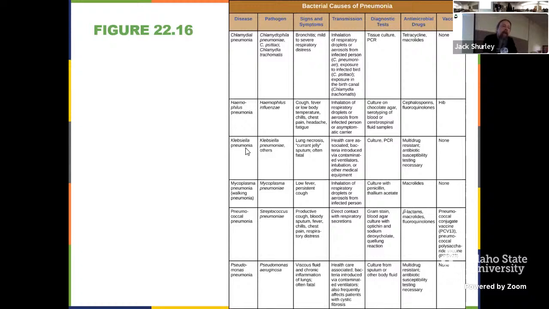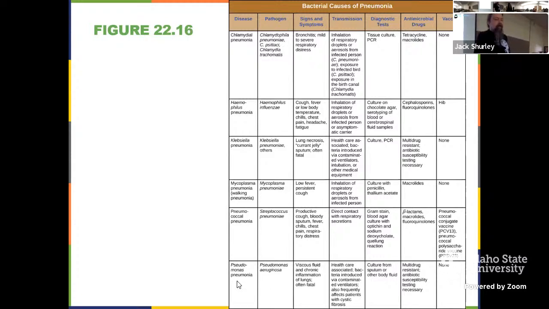Klebsiella pneumoniae is something that is normally pretty resistant to antimicrobial agents, so it's hard to combat in the first place. I showed you Mycoplasma, the pneumococcal pneumonia, pneumococcus, it's often called Streptococcus pneumoniae, and there are some vaccines available for that dependent upon circumstances.